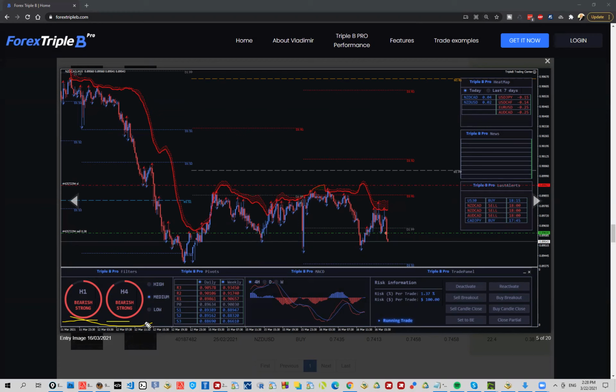Meaning that if the 1 hour chart and 4 hour charts are showing strong bearish momentum, as according to the filters here, we want to be looking for sells. Looking at the cloud that we see here from the opposite Bollinger Band, that pretty much tells us anytime the price is touching the top right here, that will be giving us sell signals.